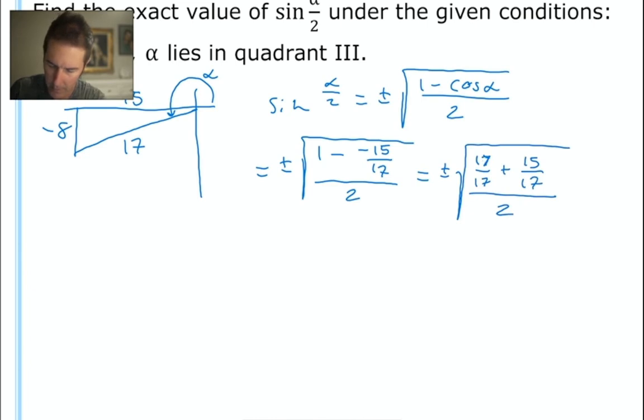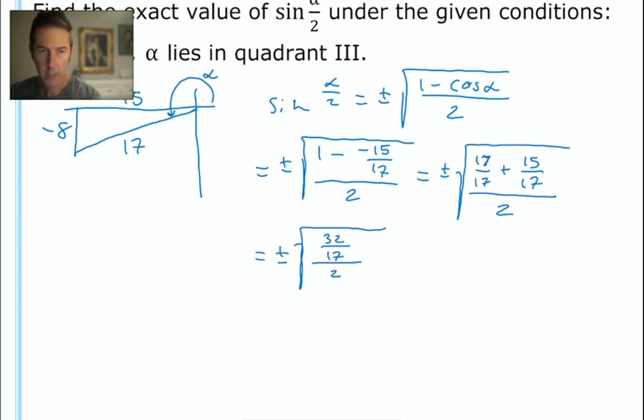I just made a mess out of that 17. That's better. And let's come down again, bring the plus or minus with us, keeping the large square root symbol. 17 plus 15 is 32 over 17, all divided by 2. And we're taking 32 seventeenths, and dividing it by 2.